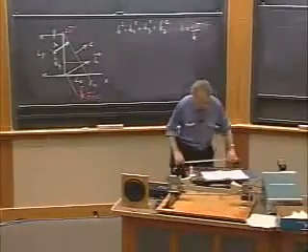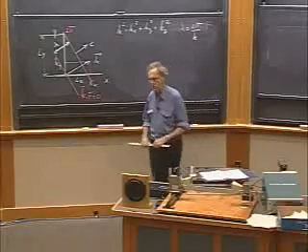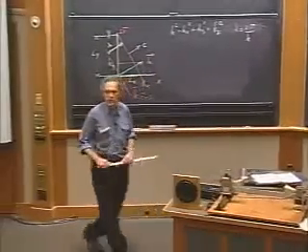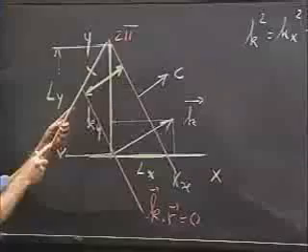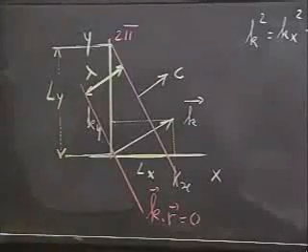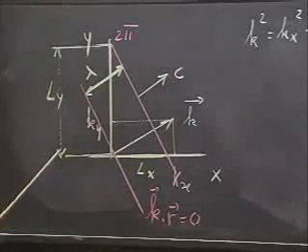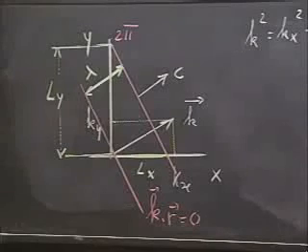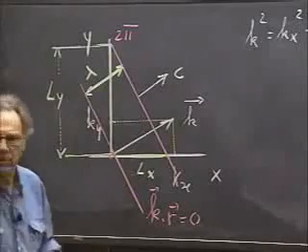Now look at the intersection of this wave with the y-axis. This wave intersects there, and it intersects there. And so the distance from here to here is Ly, which is way larger than lambda. And the same is true for the distance in the x direction, it is also larger than lambda.